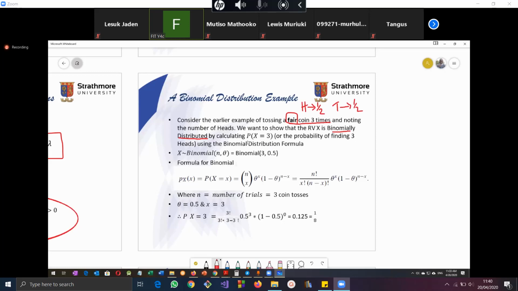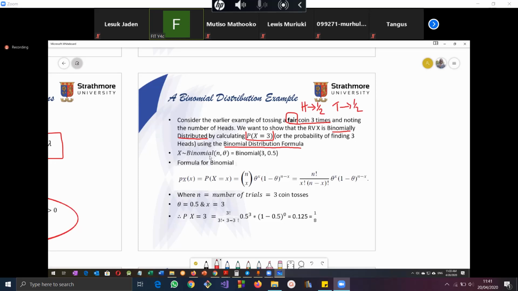Fine. So we want to calculate the probability, which we already did, that X will take up the value 3. In other words, we will count 3 heads using the binomial formula. If it's truly binomially distributed, the formula will work.